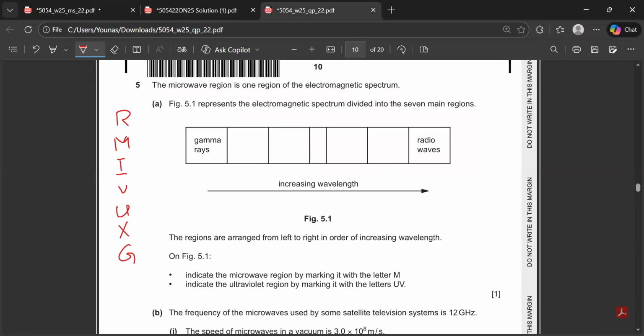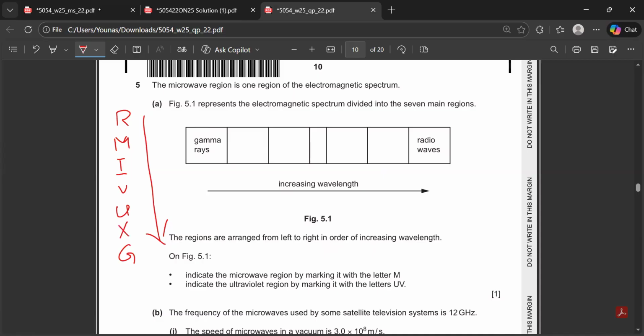Okay. So as you go down in this, the wavelength decreases and frequency increases. Figure 5.1 represents the electromagnetic spectrum divided into 7 main regions. These regions are arranged from left to right in order of increasing wavelength.